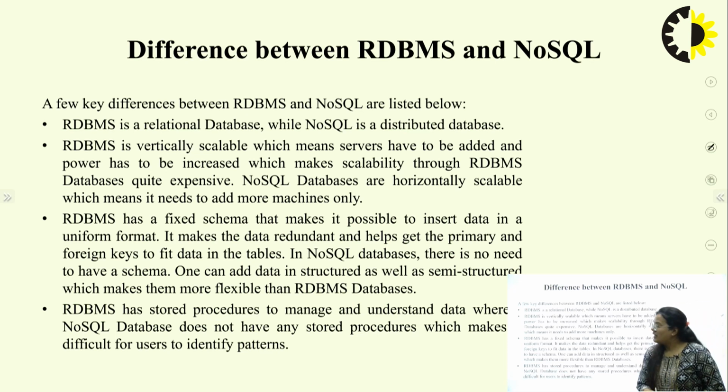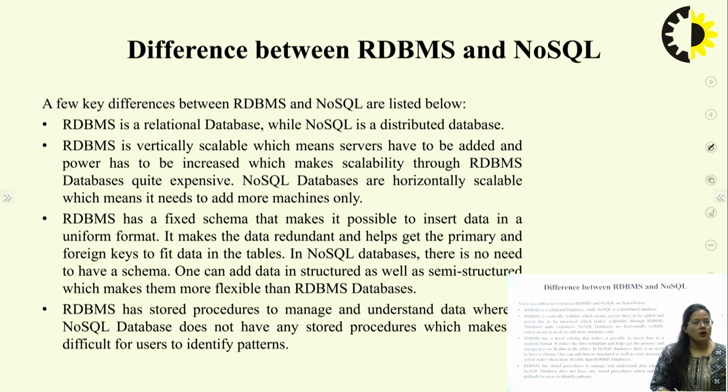First one is RDBMS is a relational database, as we already know, while NoSQL is a distributed database. RDBMS is vertically scalable, which means servers have to be added and power has to be increased, which makes scalability through RDBMS quite expensive.